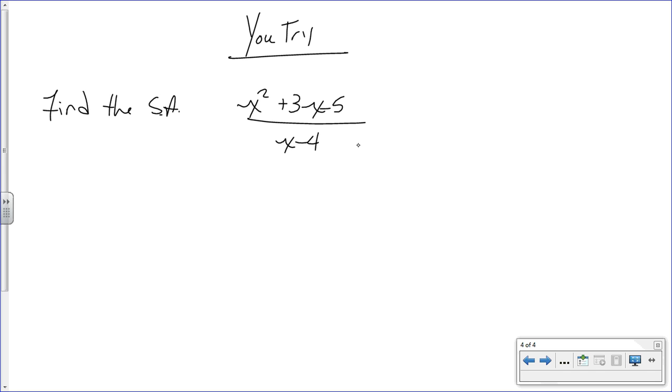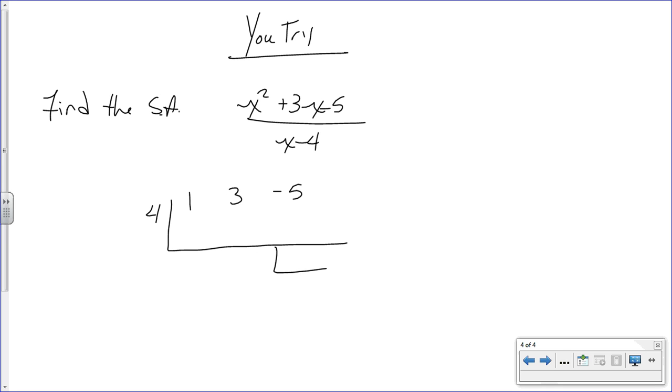All right, so first of all, let's check. Let's make sure our numerator is exactly one higher. 2, 1, so it's exactly one higher. So now we're going to do our synthetic division. Since this is x minus 4, we're going to have a positive 4 out front. And then we're going to have 1, 3, negative 5.